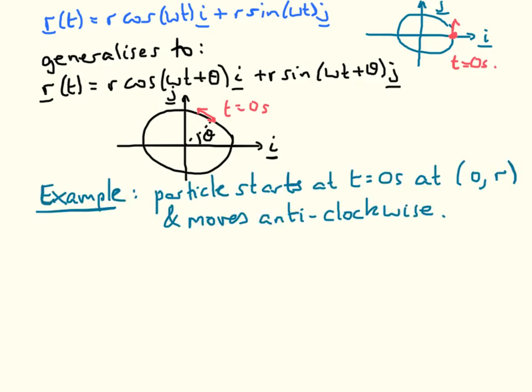So here is an example for us to look at. Let's consider a particle that's going to start on the y-axis. So we're going to say at t is 0 seconds, the position vector is going to be 0, so it's on the y-axis, and we're going to choose y to be r, and that means that it's above the x-axis here, not here.